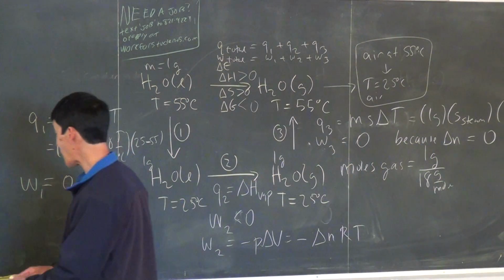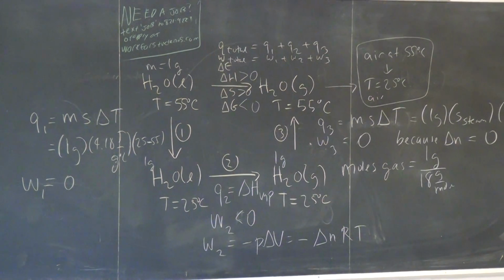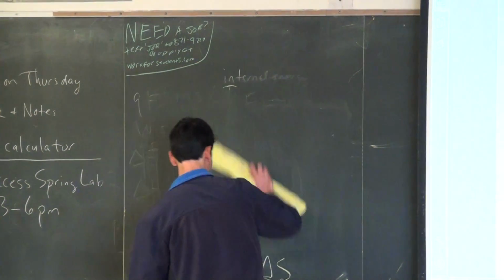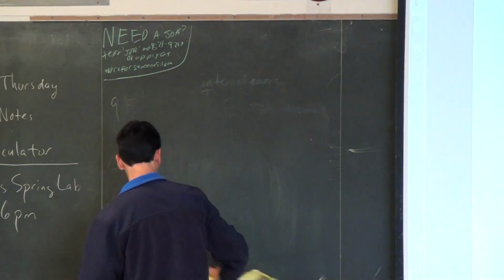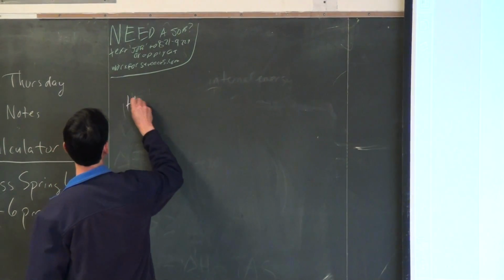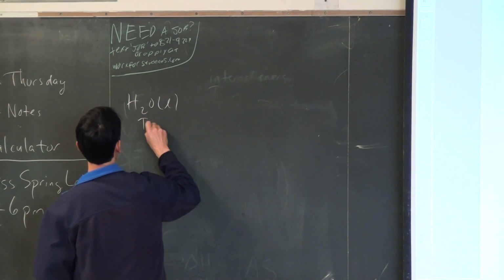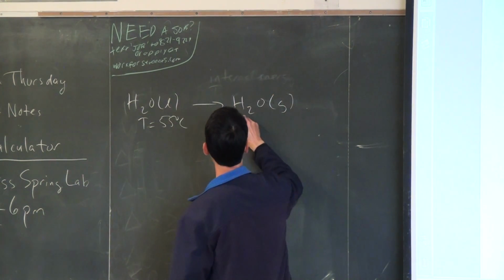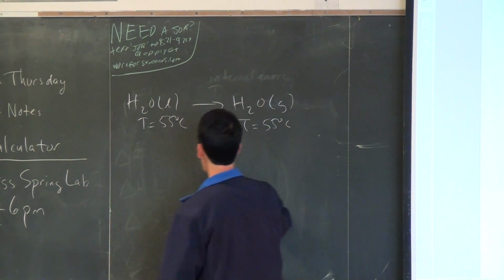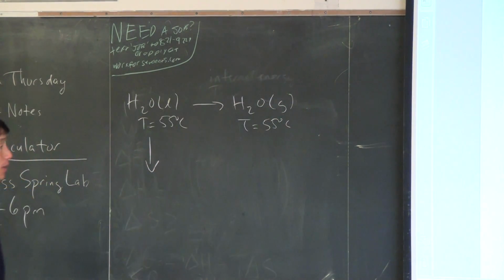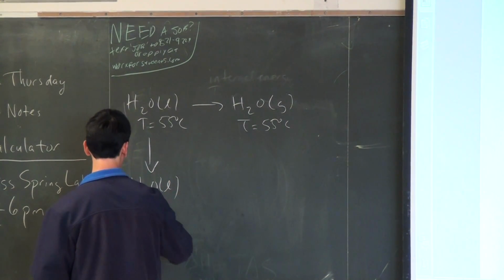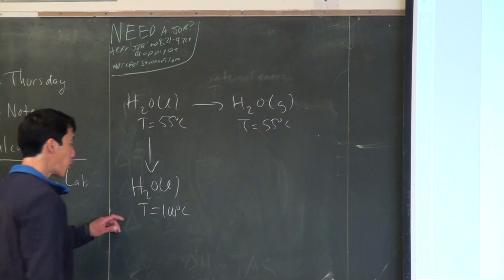Now another way to do this, you can take a different path if you want. So the other path that you could take, if you're going from H2O liquid at 55 degrees to H2O gas at 55 degrees, based on quantities which you can look up, is you can heat up the H2O liquid to H2O liquid at 100 degrees, which is the normal boiling point of water.